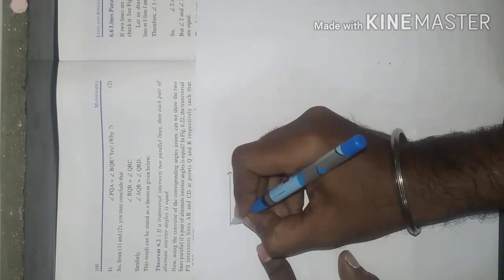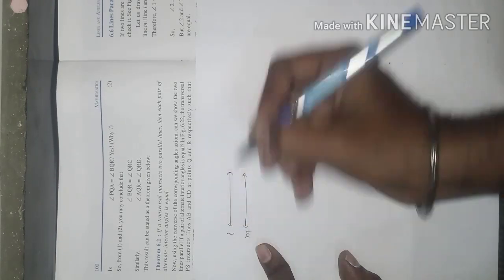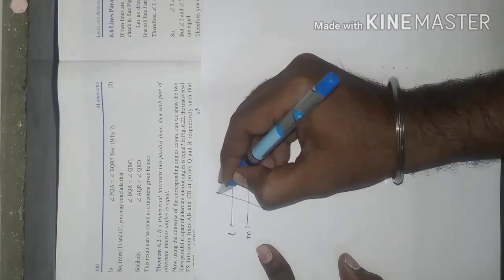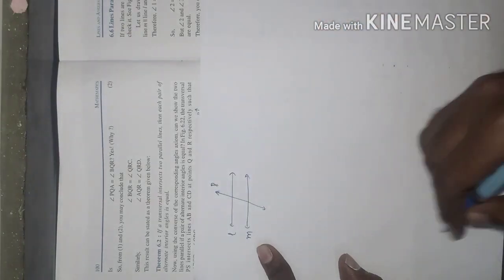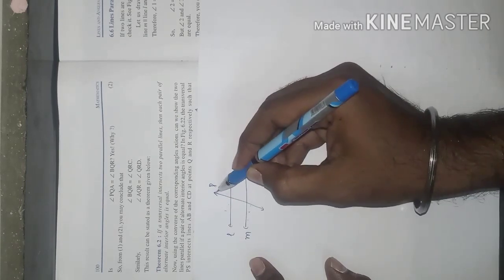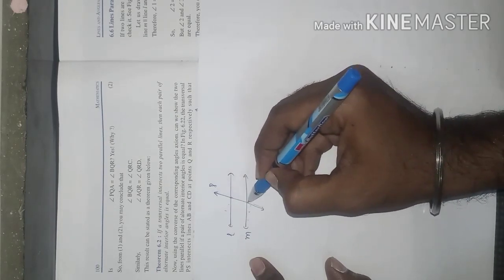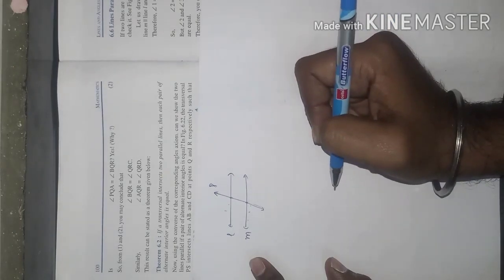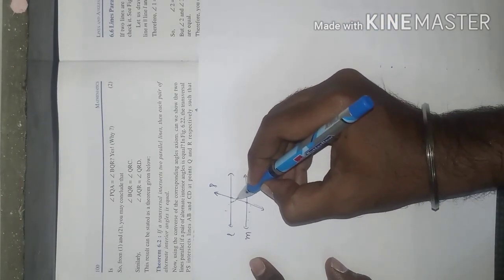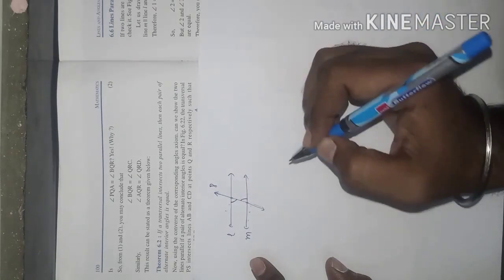See, these are the two parallel lines. Name them L, M. And I will name the transversal line as P. If it intersects the parallel lines, then the interior angles formed over here are equal, they are saying.